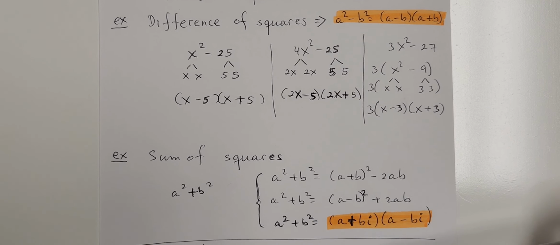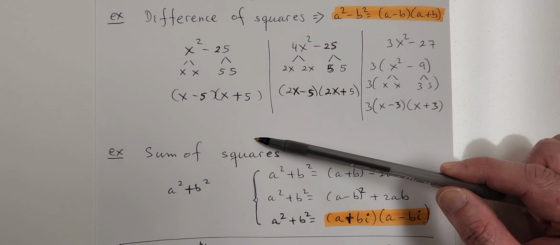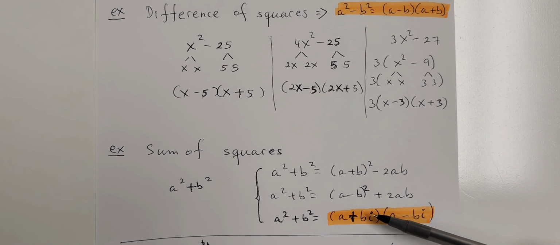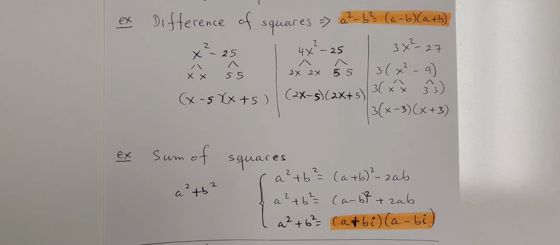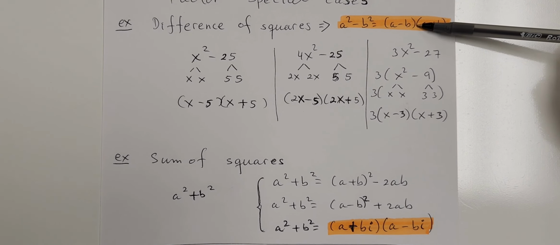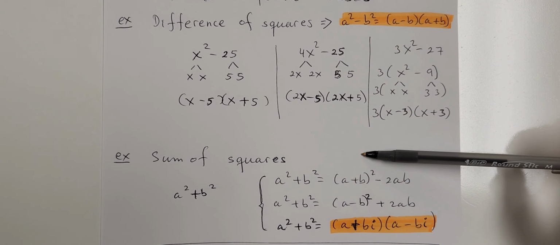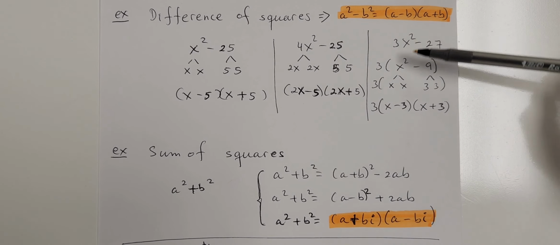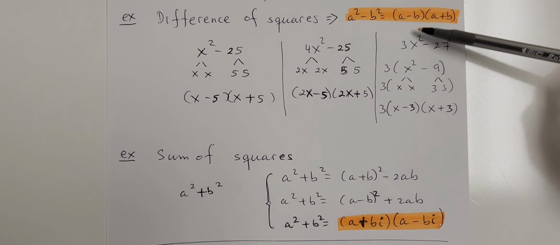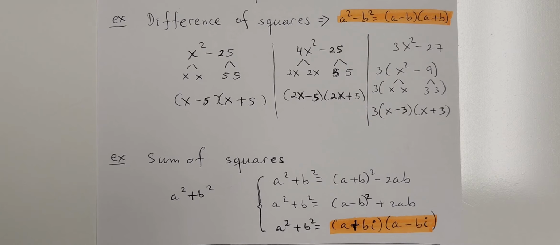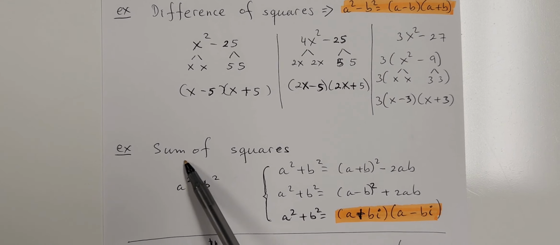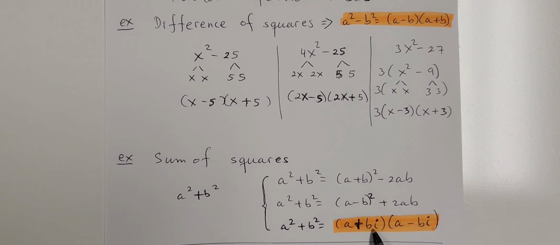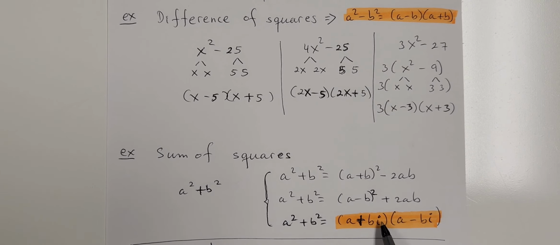The only difference is that when it comes to the sum of squares, you must include the i. Make sure you include the i.